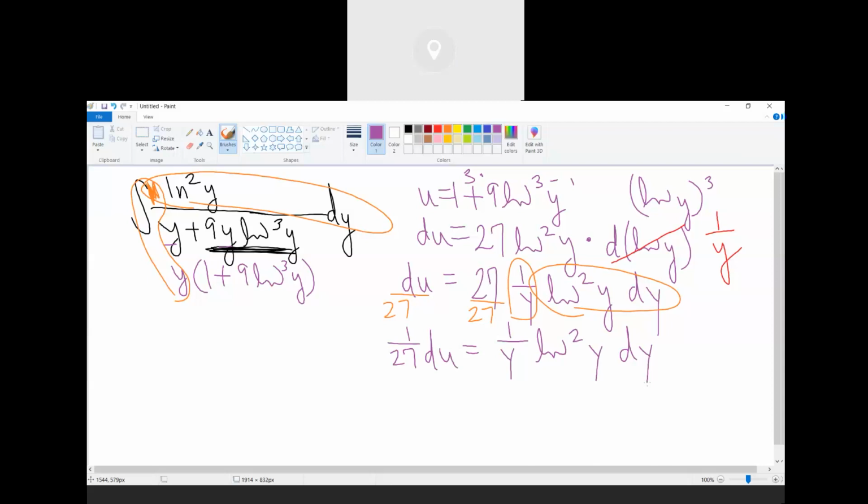All right, let's plug in everything. We'll move the 1 over 27 in front of our integral sign. The 1 over y natural log squared y dy, that's our entire du up top.